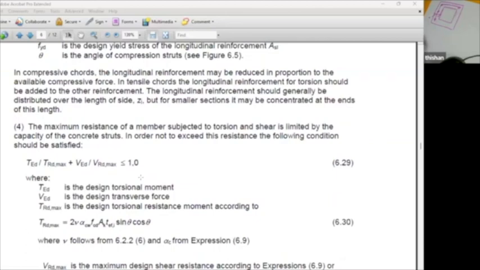Last time I showed you how to calculate V_Rd,max based on the shear angle. And when this is subjected to torsion, generally we try to keep the shear less. So what is the meaning of that? How to keep the shear less? Flexural shear less. Because we go for square sections.